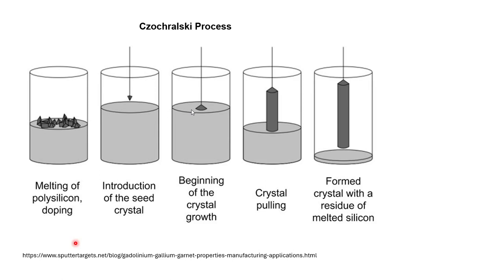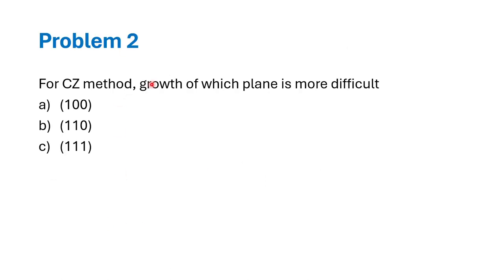Since we are moving in a circular fashion, we get a cylindrical ingot. This ingot will be very pure, and all the impurities that were present when we initially melted the silicon are left as residue in the melt. So this process is used to prepare very high quality silicon. So the answer is option A.